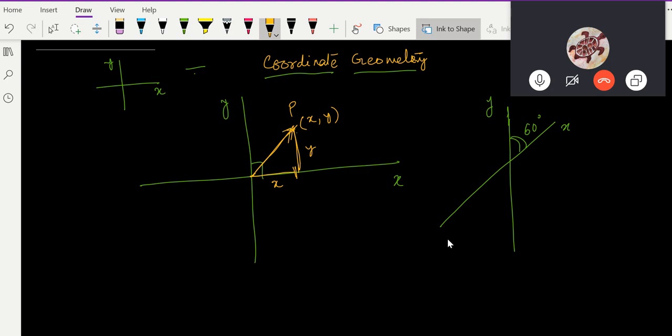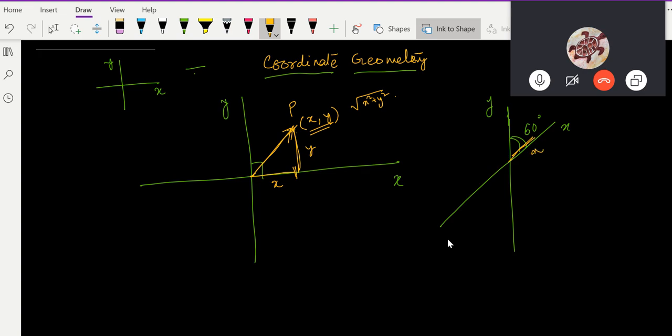So a point xy means x units on the x-axis, y units on the y-axis, where the distance from the origin is root over x square plus y square, right?